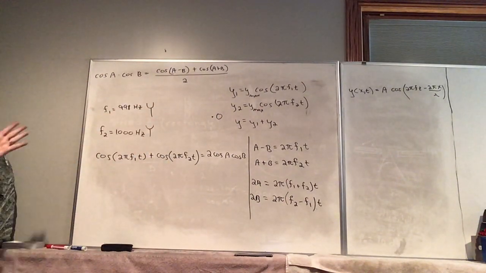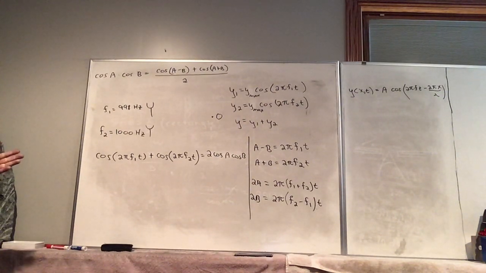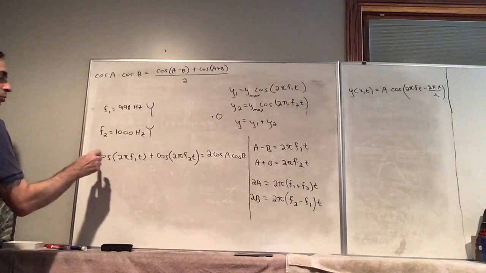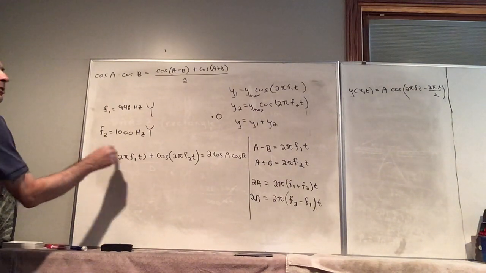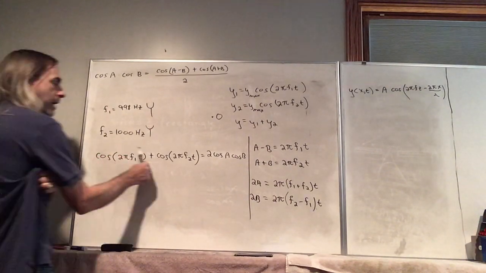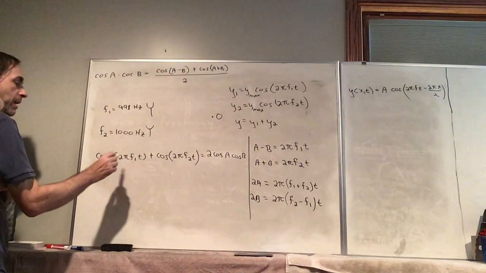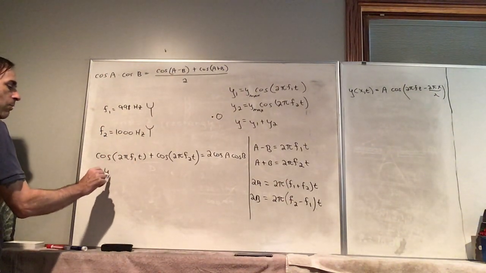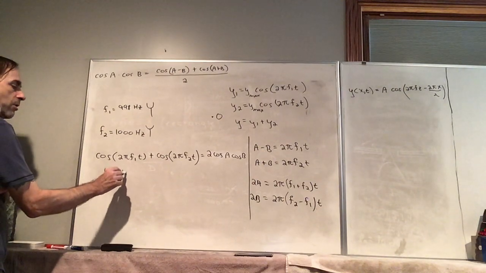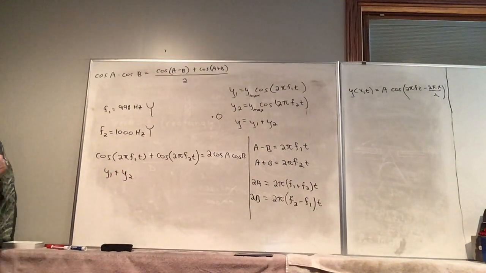Now, let's multiply both sides by y max. So here we're going to have y max times cosine 2 pi f1t. This is just going to be y1, and the second term is just going to be y2.